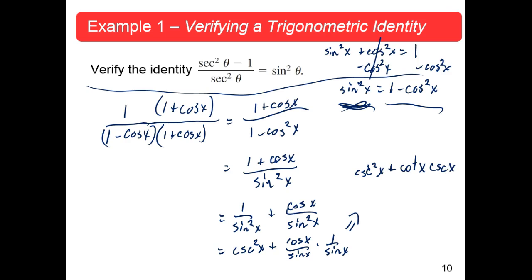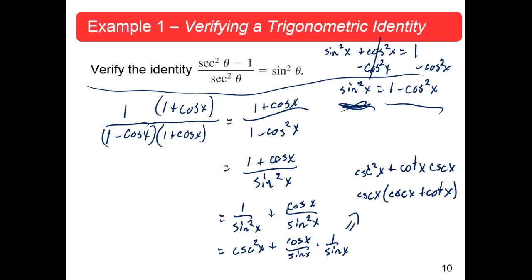Okay? Now that's a perfectly good answer. You could factor out cosecant if you wanted to, and leave you cosecant x plus cotangent x. But I don't see how that's really much simpler. Either one of those are perfectly legitimate.